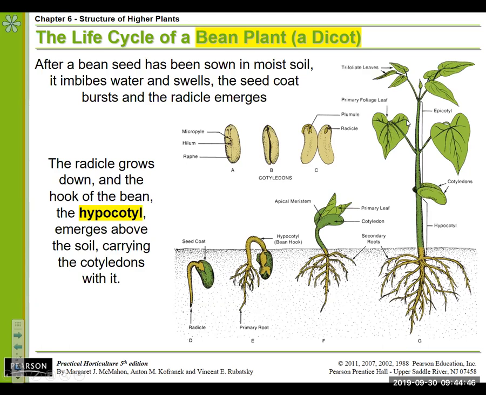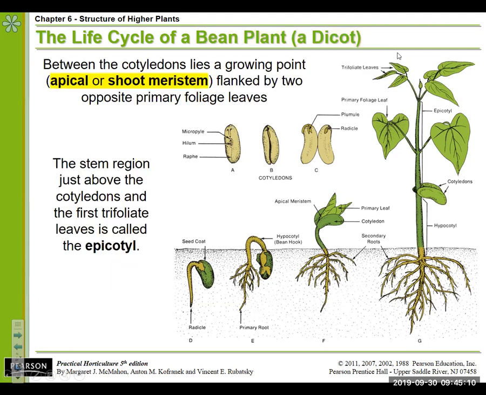The primary leaves don't look like the mature leaves that later on develop. And so notice here, the primary foliage is a single leaf, a simple leaf, whereas the next leaves to emerge, the trifoliate, are compound leaves. So it changes in morphology as it grows.